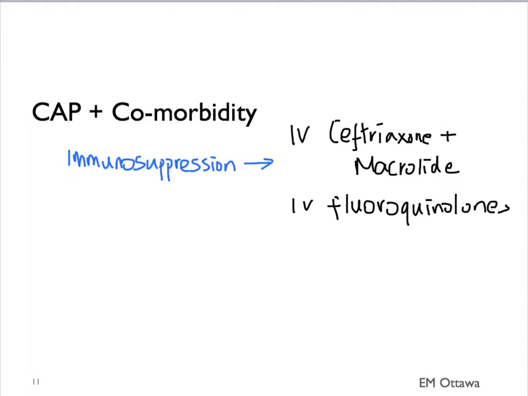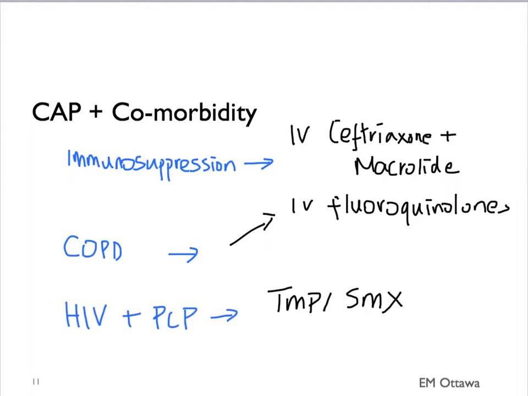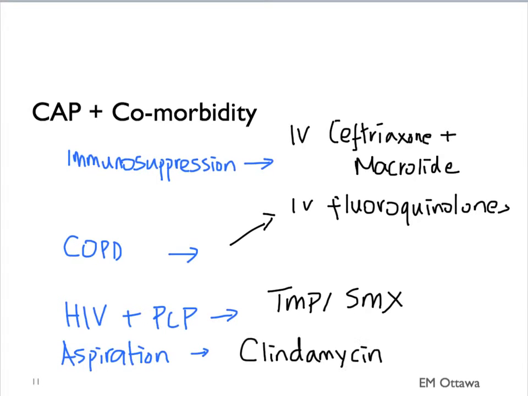In the patients with COPD, the same regimen would also work. In patients with HIV where we're worried about PCP pneumonia, trimethoprim-sulfamethoxazole is a good choice. In patients who have an aspiration pneumonia, we want to target anaerobes. Clindamycin is often used.